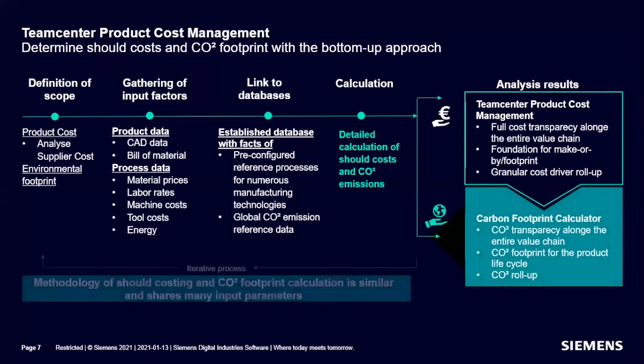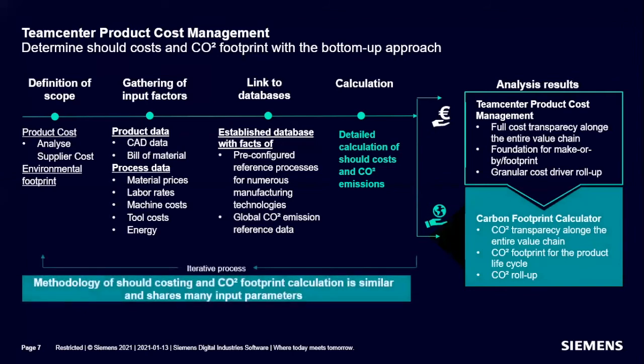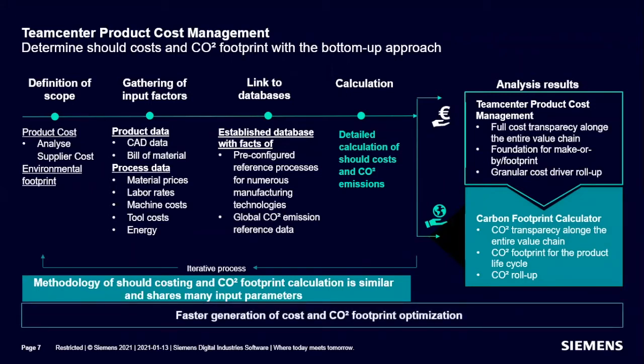Then this is an iterative process. If you are not convinced, maybe you want to evaluate back or reuse the calculation for a similar product. This is what differs us from other solutions in the market: we can reuse the calculations. This lets you generate faster cost and CO2 footprint optimization.